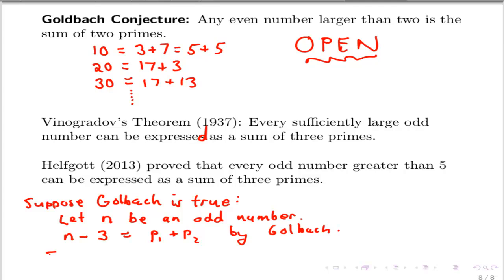Well, then n itself, not only can we say it's a sum of 3 primes, we can say that one of those primes is in fact 3. And I didn't have to use 3. I could have used any number right here. So you can see very plainly that Vinogradov's theorem is a weaker result, that Goldbach is a much stronger statement and implies very easily the result of Helfgott, that every number is a sum of 3 primes.